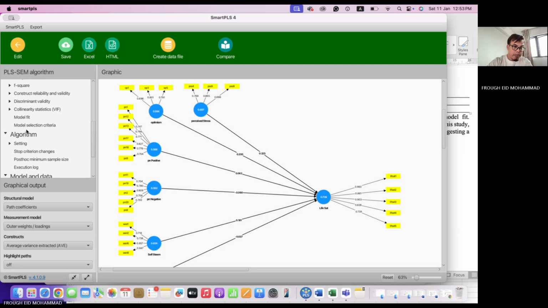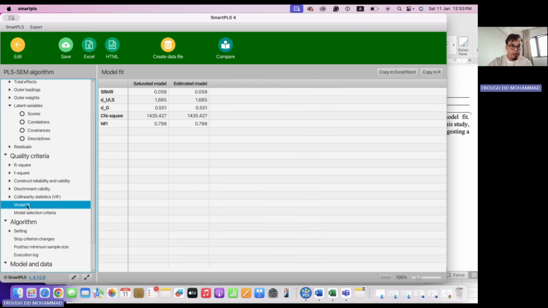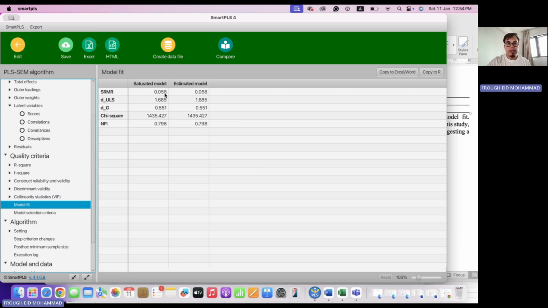The SRMR, for the saturated model and estimated model, both values are lower than 0.08. That means it is good enough to proceed with the further analysis.